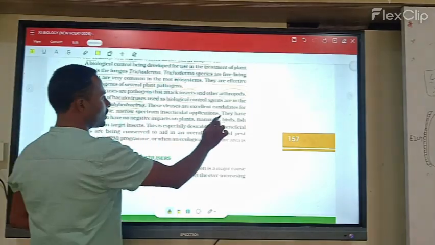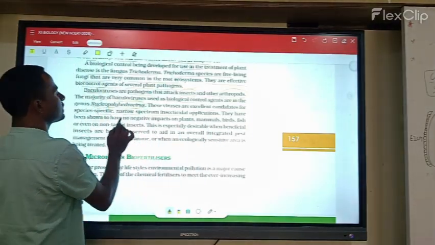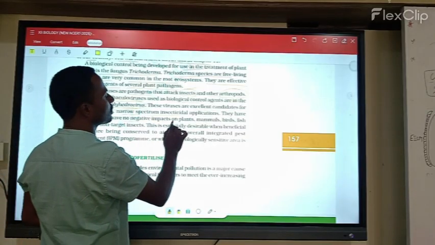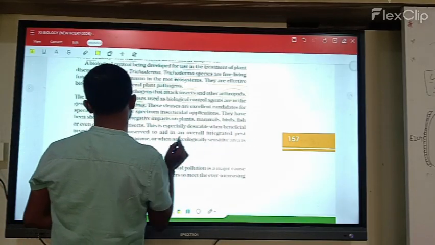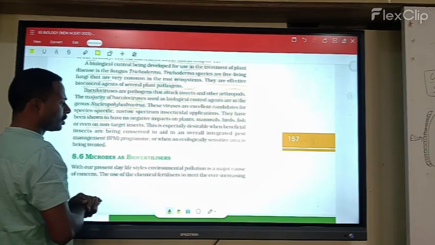They have been shown to have no negative impacts on plants, mammals, birds, fishes, or even non-target insects.